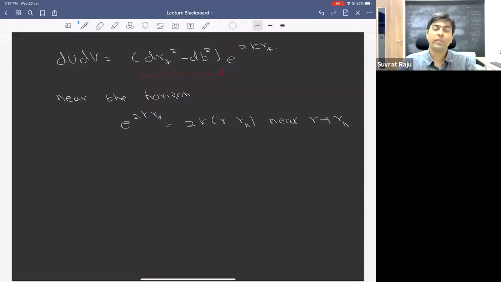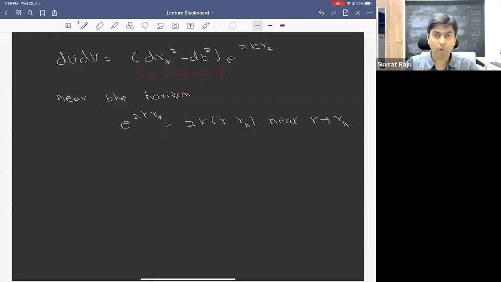And therefore this factor that appears in the metric, which is f of r into dr star squared minus dt squared, which looks like twice kappa into r minus r_h into dr star squared minus dt squared near r equal to r_h, simply looks like du times dv.